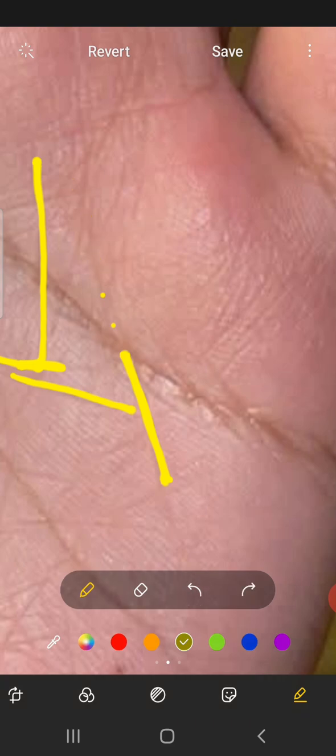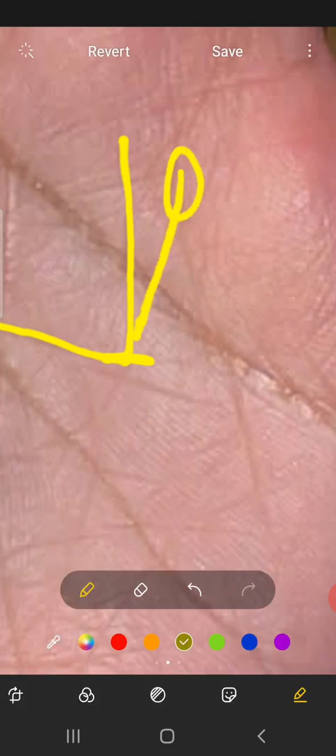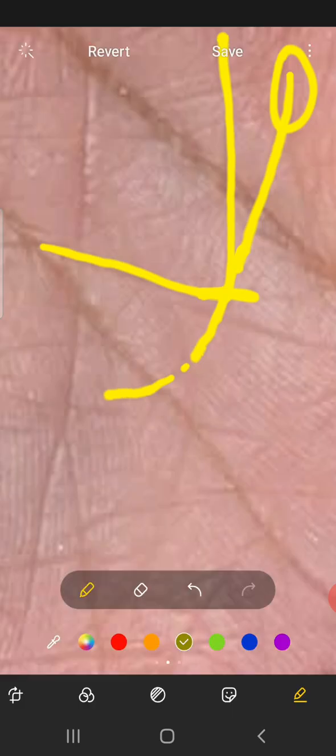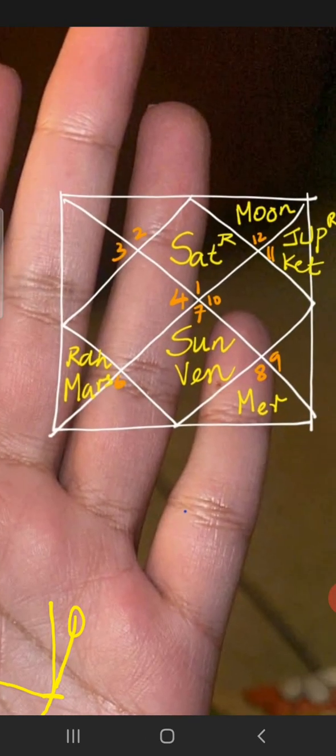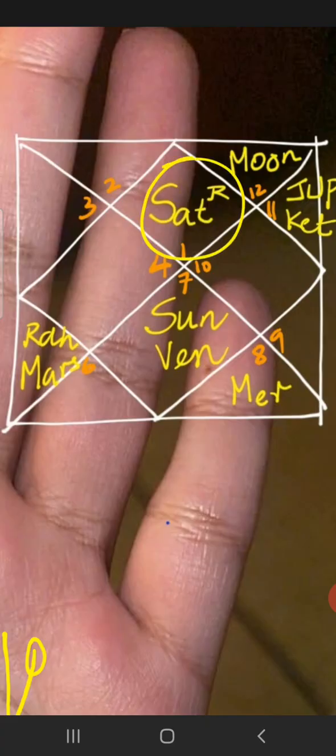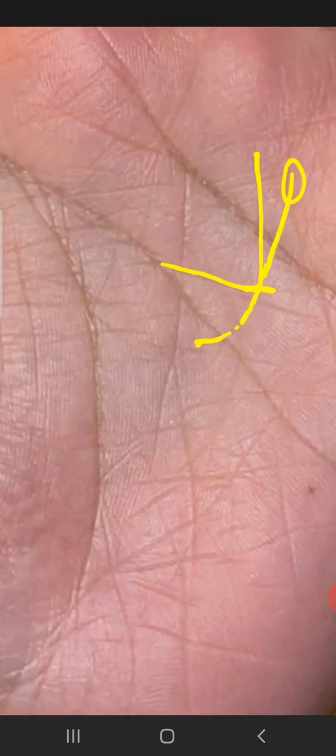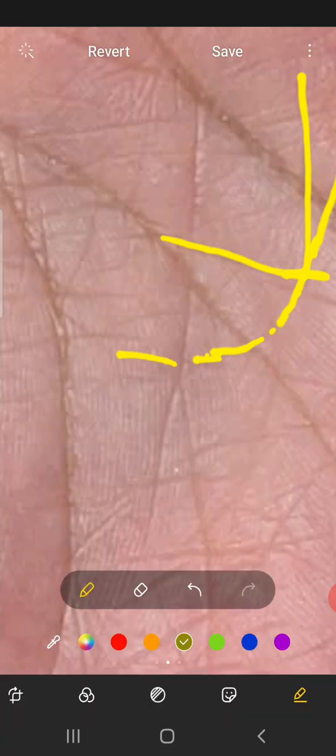So it is positive. The other thing which you should note is that, look at this Surya Rekha, it is coming down. This is generally a sign of help, and it is trying to reach the Shani Rekha. That is another indication as well, that the Sun and the Saturn are in Yuti, and eventually you will see that this Rekha by way of this is also trying to touch the Shukra.